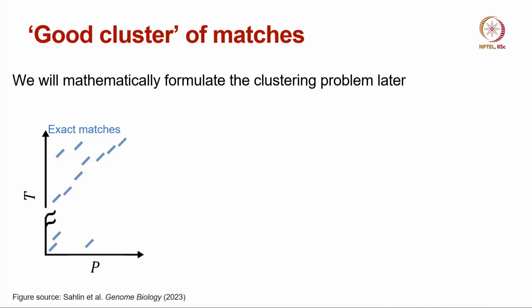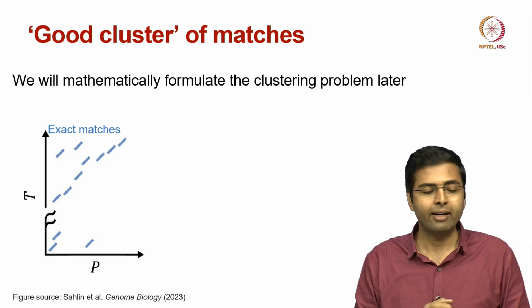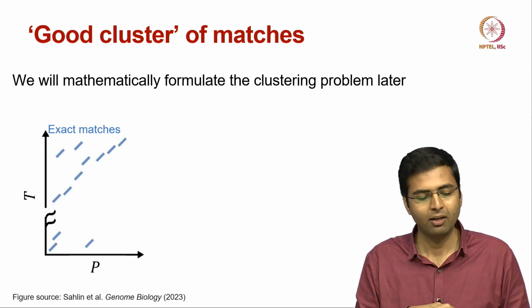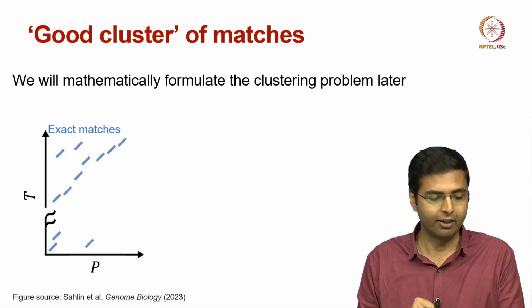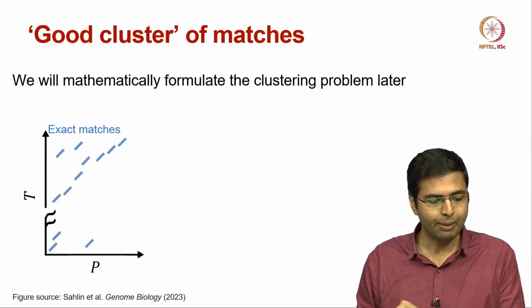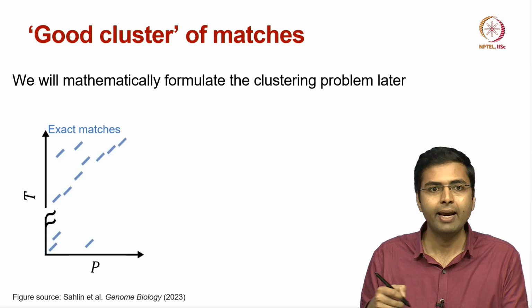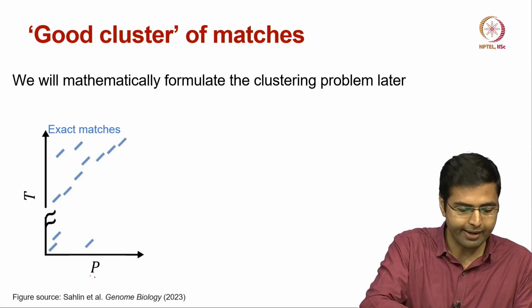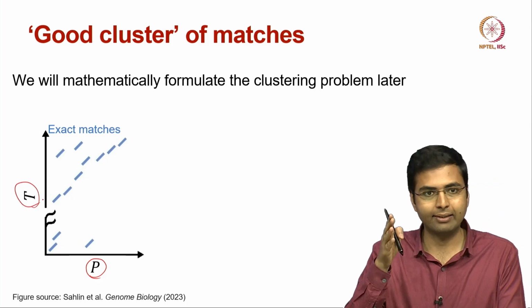Now, what do I mean when I say good cluster of matches? Well, we will mathematically formulate the clustering problem in a later lecture, but let me illustrate again using a figure. So, suppose we have identified the exact matches between the pattern P and text T. This time I am putting my pattern on the x axis and my text on the y axis.